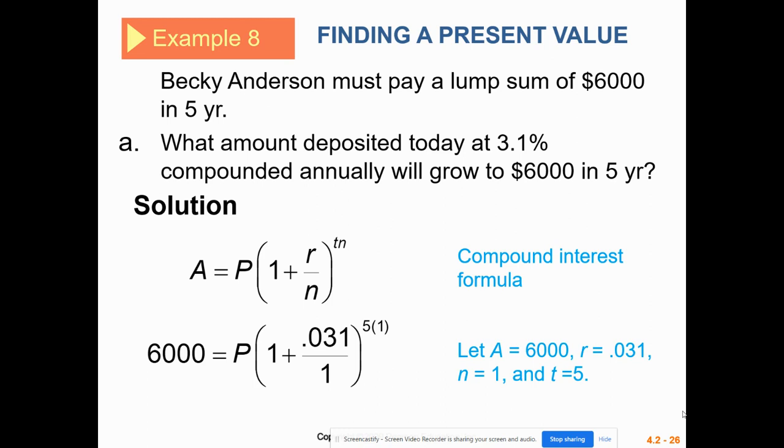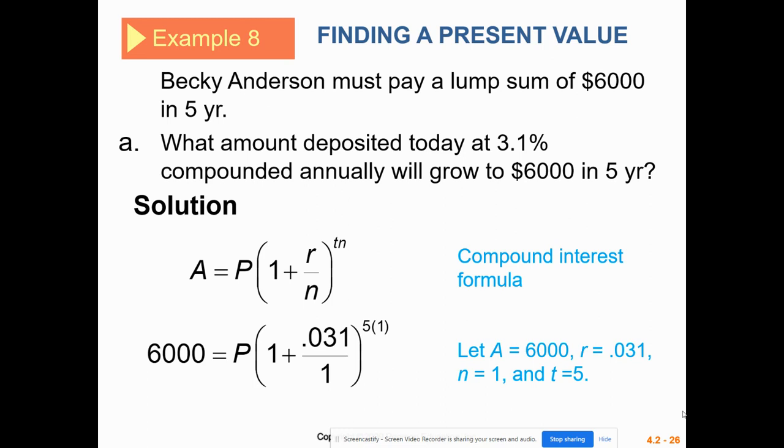So in this case, our amount after a certain period of time is 6,000. What we don't know is the principal, the P. Now we do know our interest rate, 0.031. It's compounded annually, so that's just one time a year. That's why our N value is 1. The amount of time is 5. So here we have an equation.